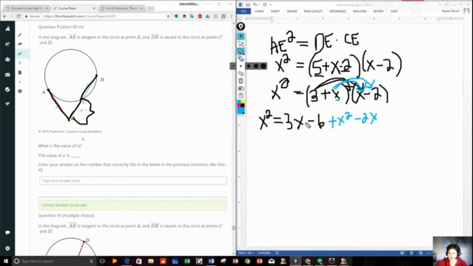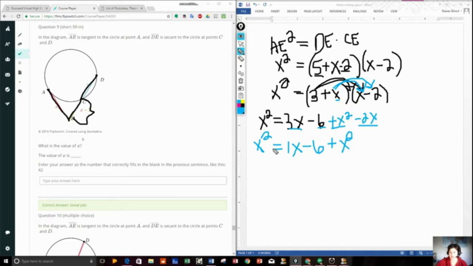Alright, and now we need to combine like terms. So we have x squared on our left-hand side is equal to, and I'm scanning this side, this one has a 3x and that's a minus 2x, so together 3x minus 2x is a 1x, minus 6, that didn't have a like term on the same side, and plus x squared.